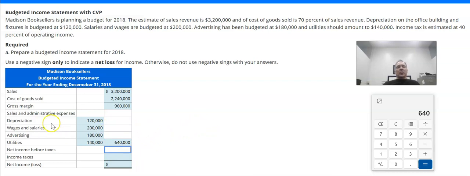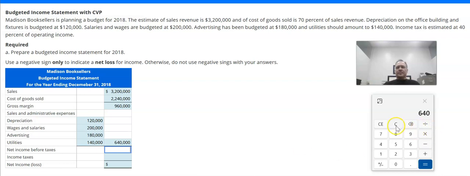Do note that we've got a combination. We've got a couple of fixed operating expenses, depreciation and advertising. We have a variable amount, or probably a mixed amount, because it's wages and salaries. And then we have another mixed amount, utilities. So a combination of variable and fixed expenses here.